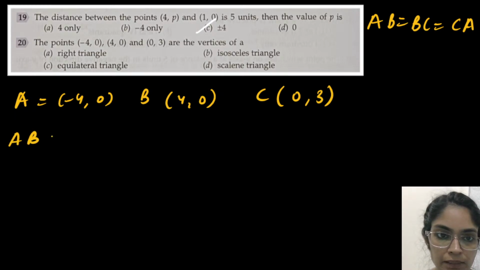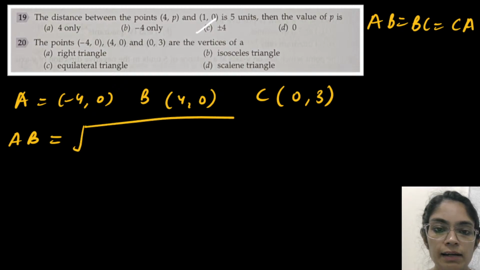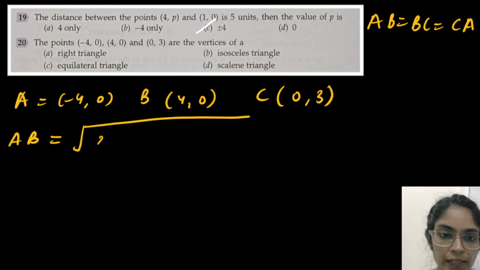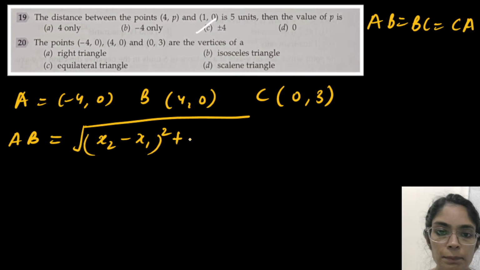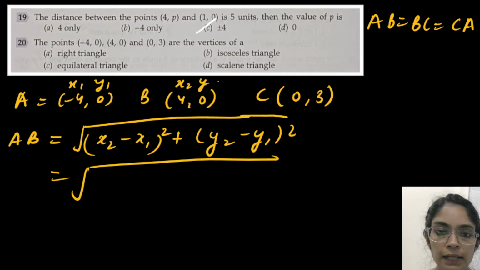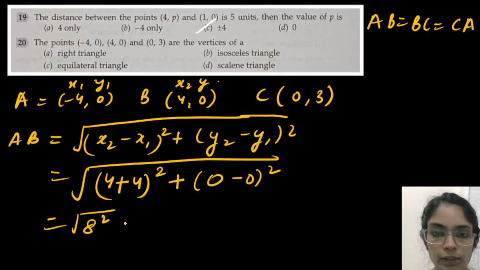So AB, I am just finding the distance. Directly I will write now. AB is square root of x2 minus x1 whole square plus y2 minus y1 whole square. So coordinates of A and B I am going to use. So this is x1, y1, x2, y2. x2 is 4 minus minus 4, so this will become plus 4. y2 is 0 minus y1, that is also 0.